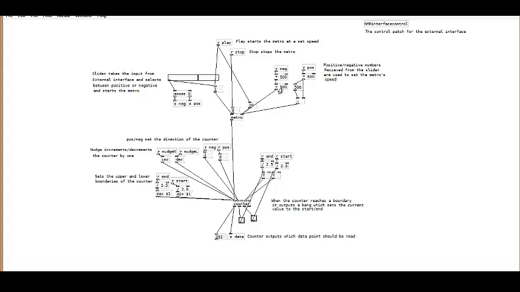If it's negative, we put it into the positive domain using this statement here, just switching the sign around. If we press play, we also get it to play through with a 20 millisecond delay. That's the standard play button. And then stop obviously sends a 0 to the metro and it stops playing.